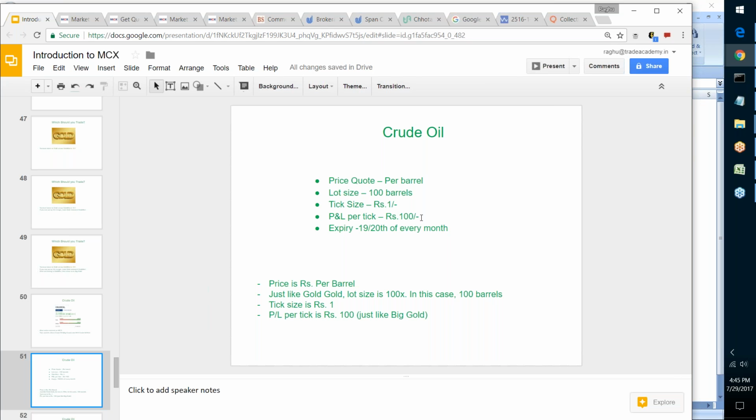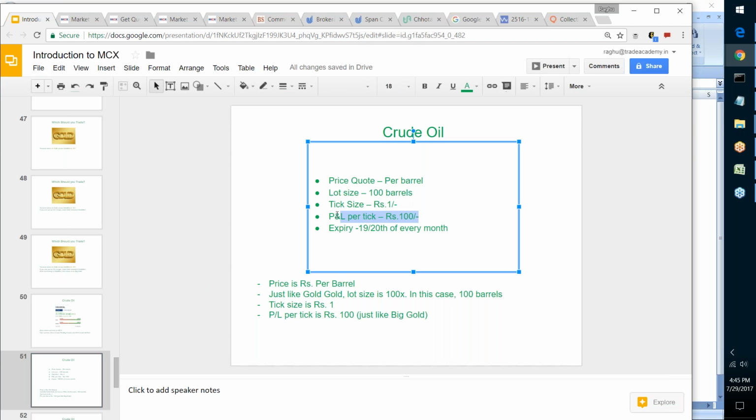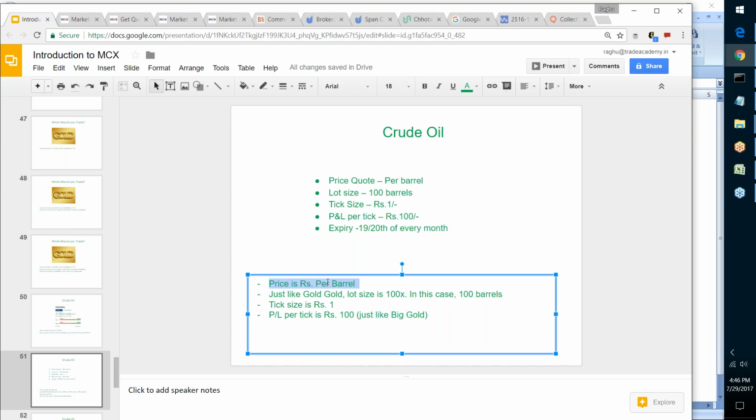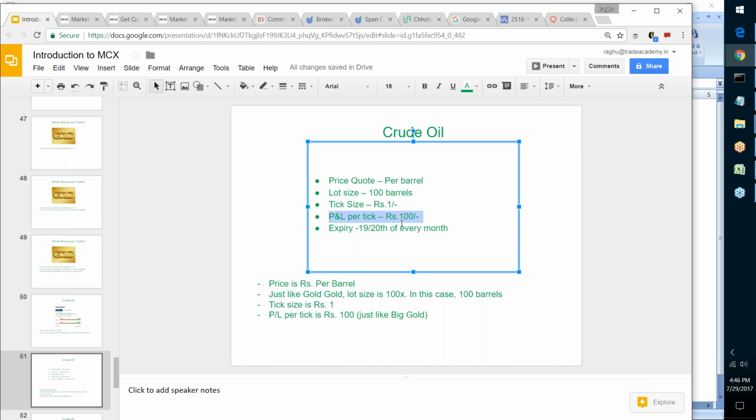And just like gold, it's going to be 100 rupees per tick, because you're buying 100 barrels. So the price is quoted in rupees per barrel, but because it's 100 barrels, each tick is going to be 100 rupees.